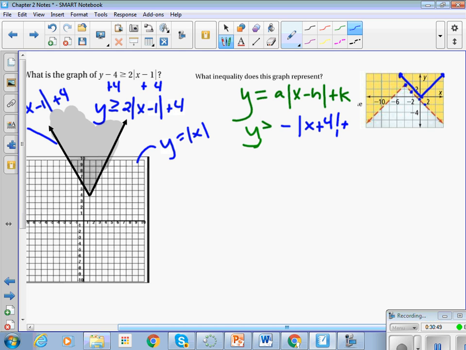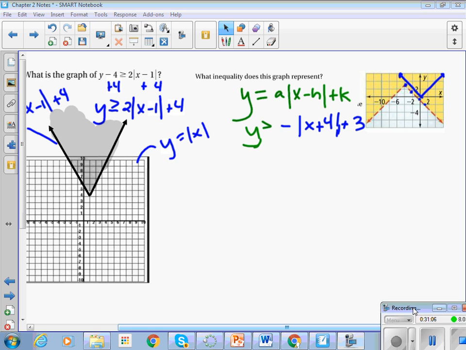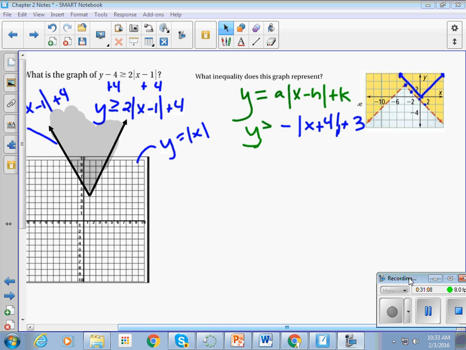And we're shifting up 2 plus 1 more, which is 3 units up. And the negative will flip us upside down and reflect it so that it's a downward facing absolute value. And this is the equation of this line. We're still shading everybody above. And yeah, that's the end.